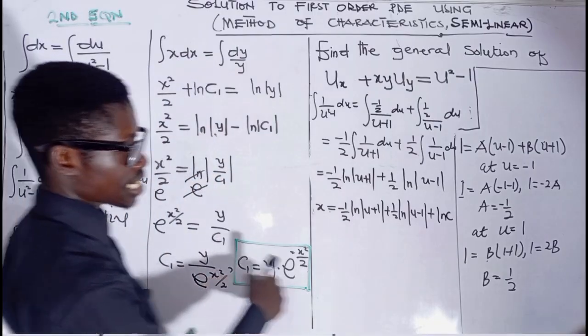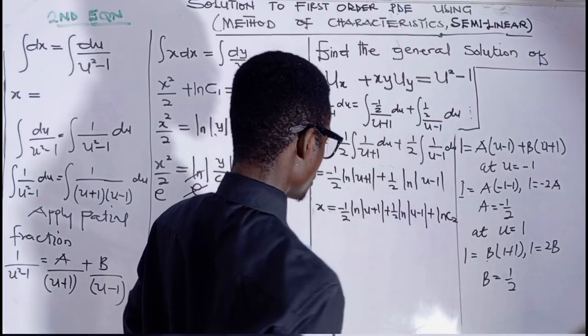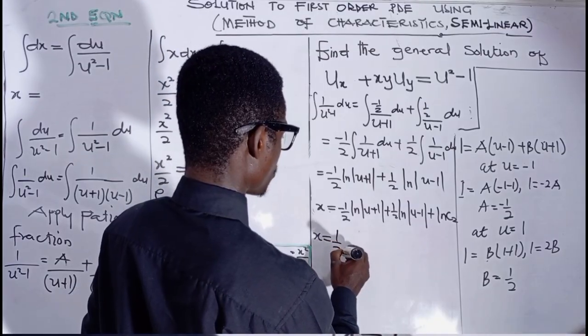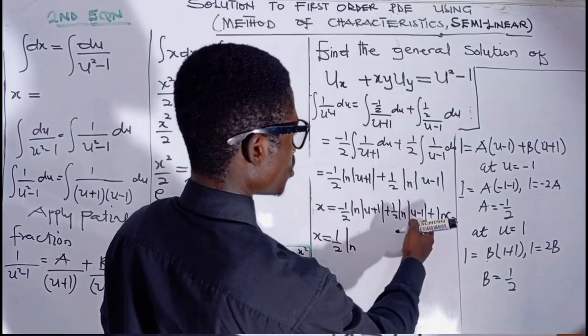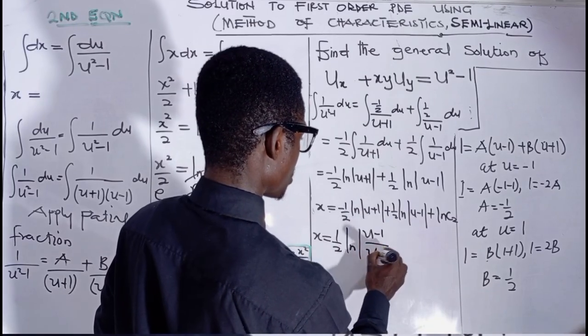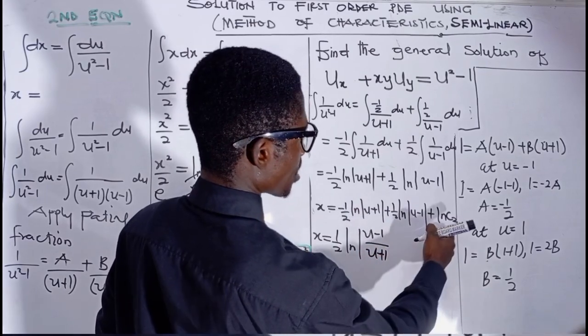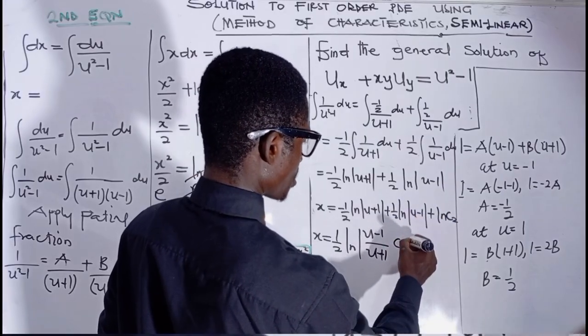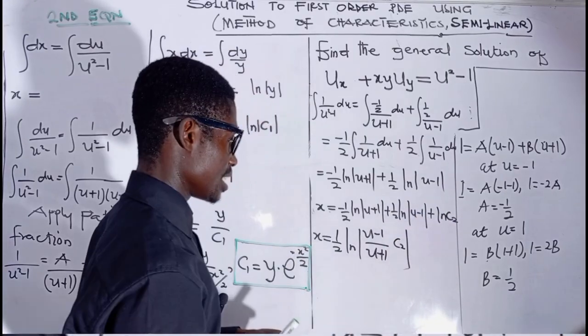We're having c1 here, so the constant here will be c2. So we have x is equal to 1 over 2 ln of u minus 1 all over u plus 1, then we have c2. Since it is adding, we are going to multiply it. Very, very easy and simple.